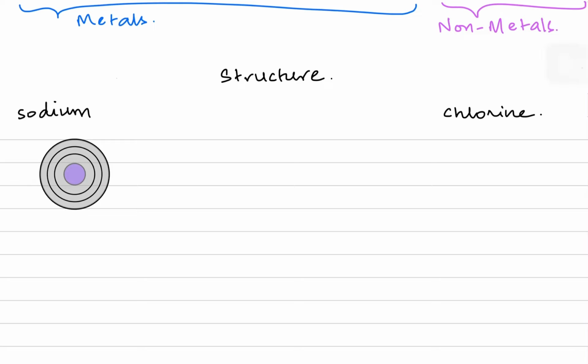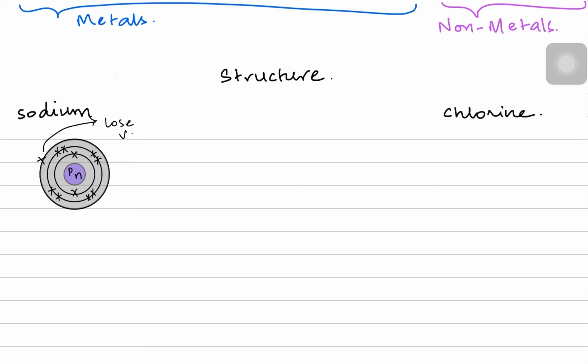The electronic configuration of sodium should be 2 in the first shell, 8 in the second shell, and then since sodium is in group number 1, obviously we know there has to be 1 electron in the outermost shell, because that is how group number 1 elements behave.